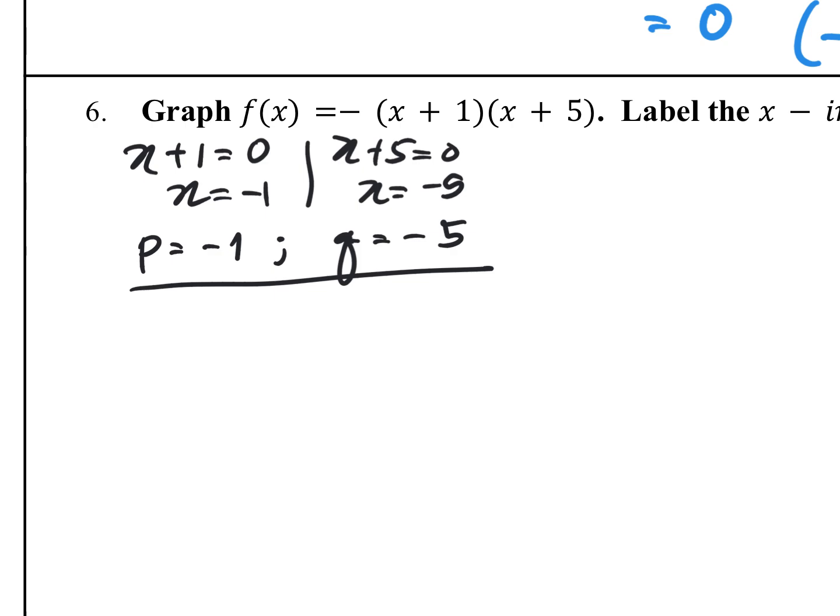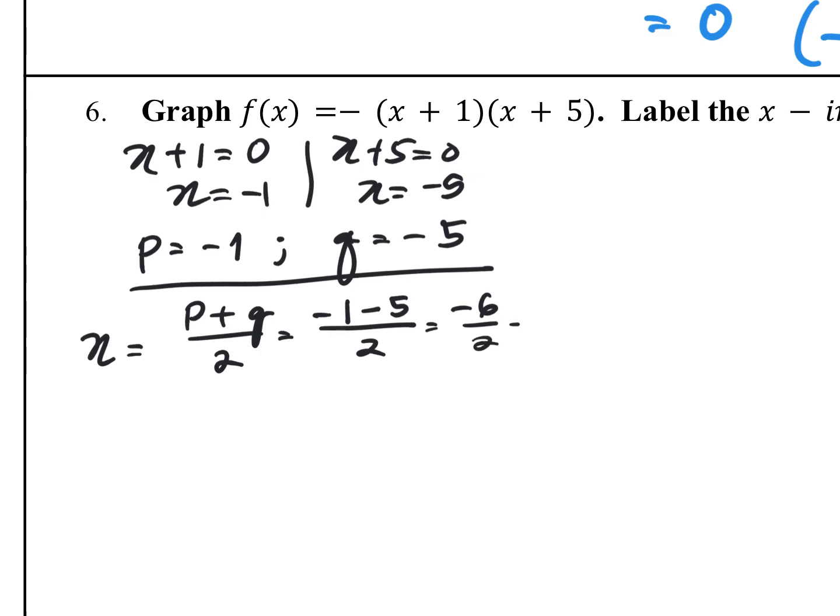Next, I'm going to get the x coordinate of my vertex, (P plus Q) divided by 2. So that's going to give you negative 1 plus negative 5 over 2, and that's going to give me negative 6 over 2, which is negative 3. So my vertex x coordinate is negative 3.